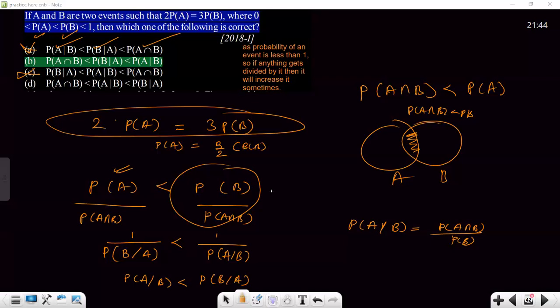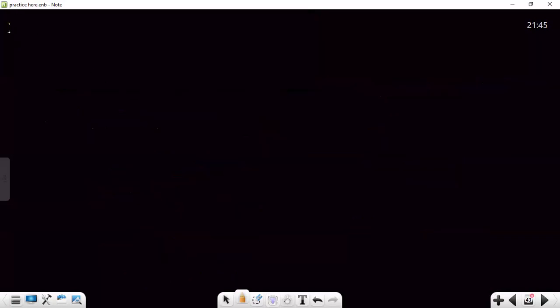As per the given condition, as you can see here, the probability of event B is less than the probability of event A, whereas it is stated that the probability of event B is greater than A. Let me redo it. I'm very sure there is a misprint. Why? Let me prove it to you.